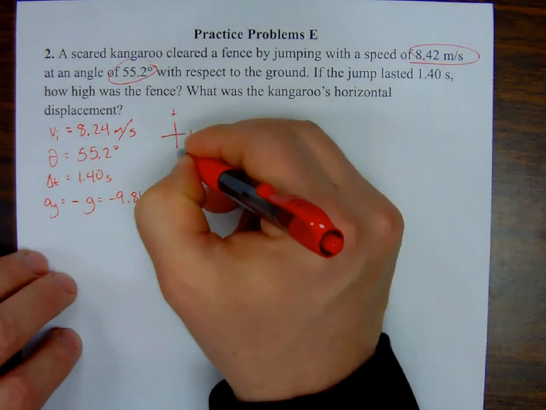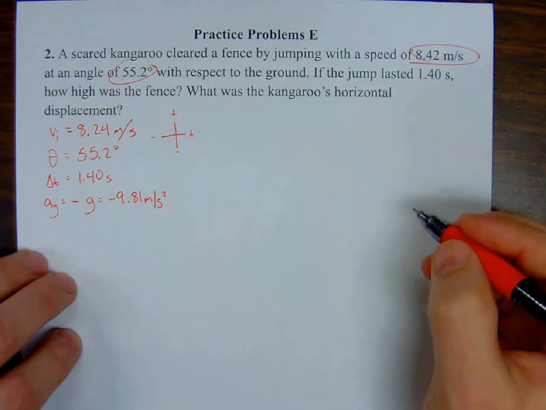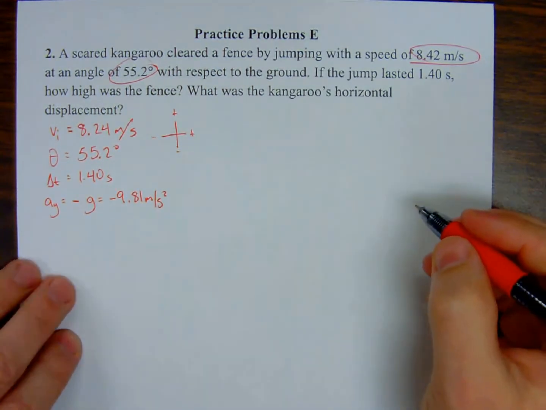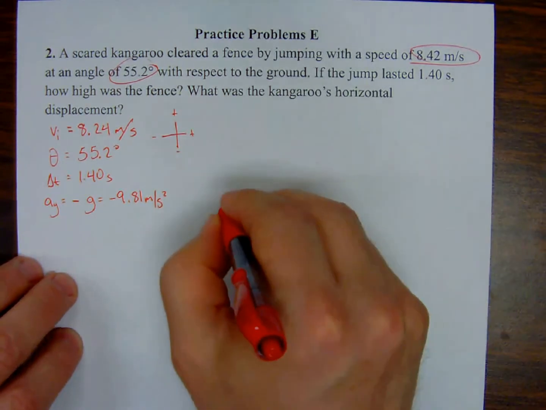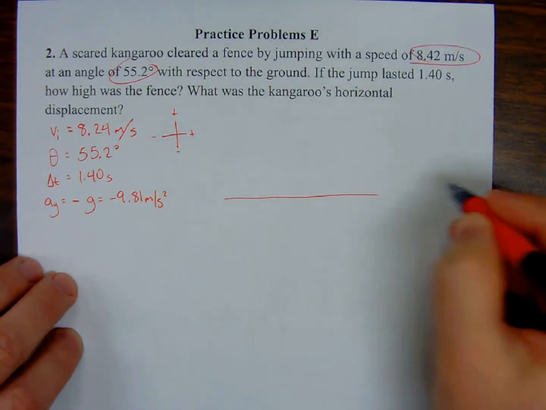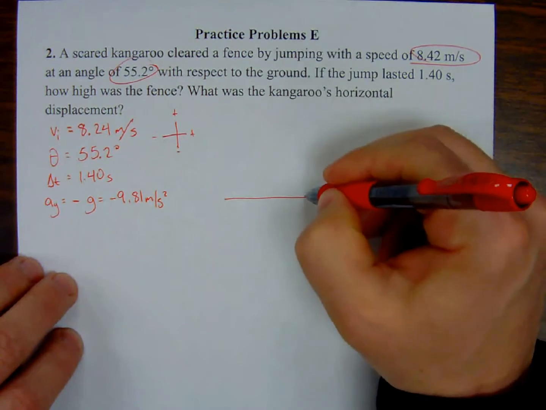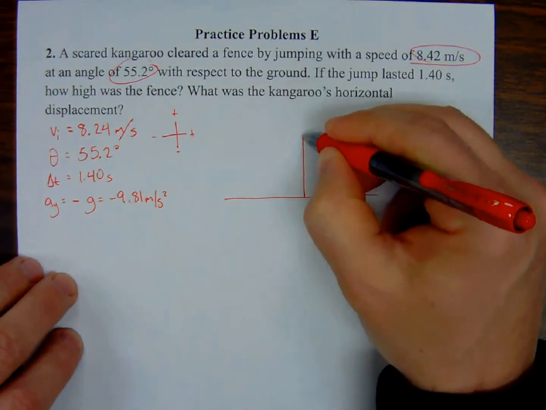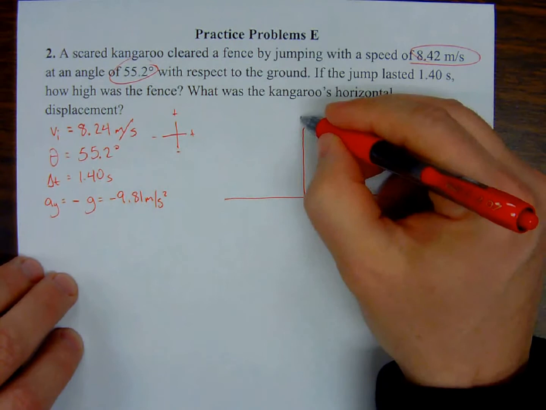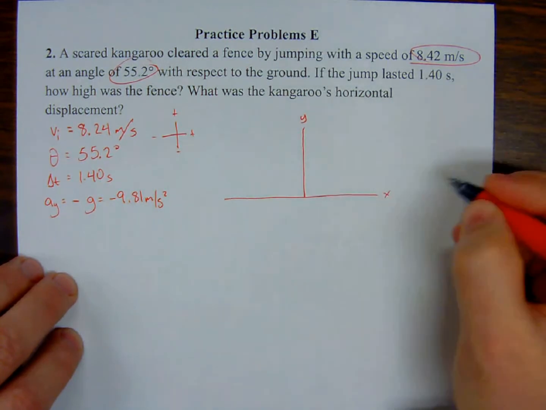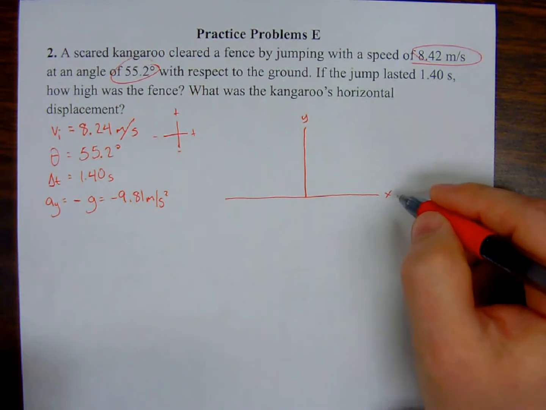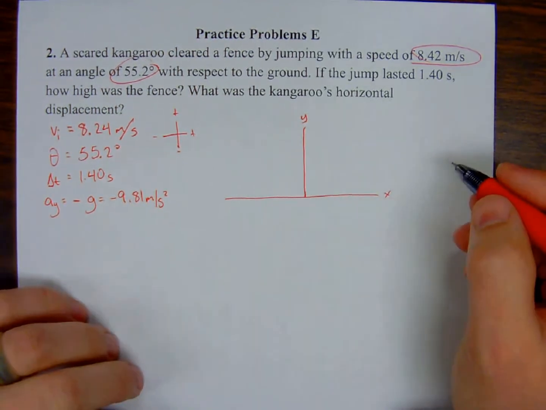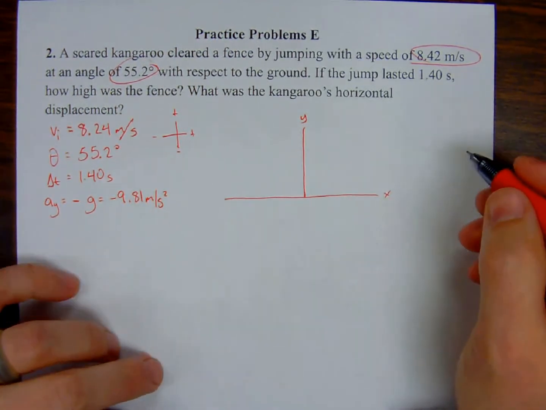Now this makes sense if we define our coordinate system, plus plus, minus minus. So let's draw our situation here. We have the ground, with respect to horizontal. Here's the fence. Hopefully that looks like a y-axis, and this looks like an x-axis, because that's what the question sets up. The scared kangaroo clears the fence.